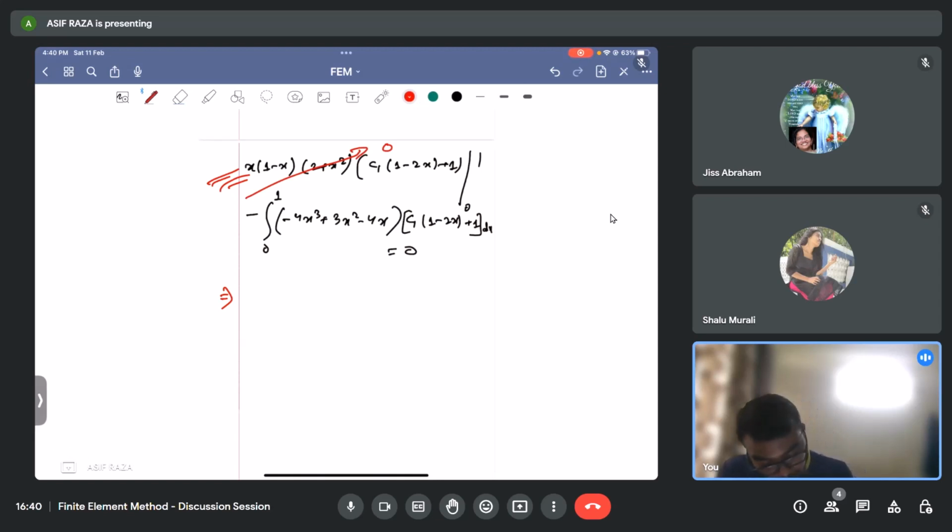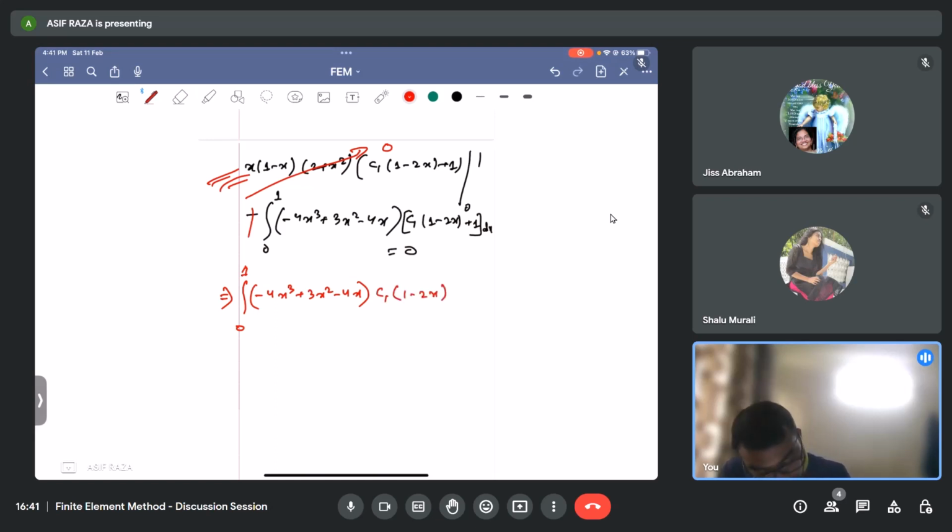Now this one. I can take this negative as positive now, and we can write minus 4x cube plus 3x square minus 4x integrated on this domain 0 to 1, c1(1 minus 2x) plus 1.